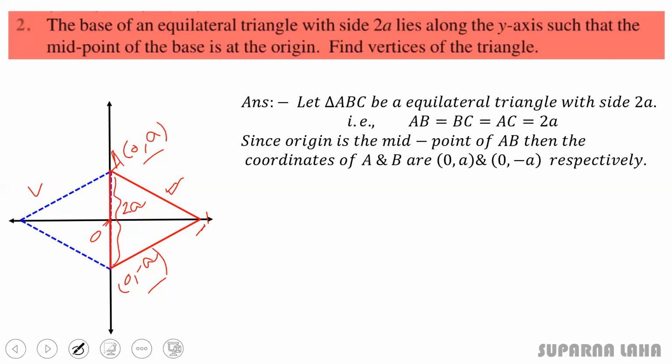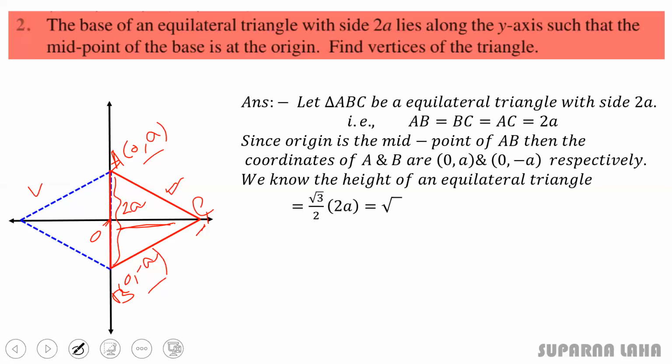This is A and this is B, and take this as C. Now this is the height of this triangle, and you know the formula of the height of an equilateral triangle, that is root 3 by 2 into 2a, that is ultimately the height is root 3 a. So this point is root 3a comma 0, and if we take this point, it will be minus root 3a comma 0.